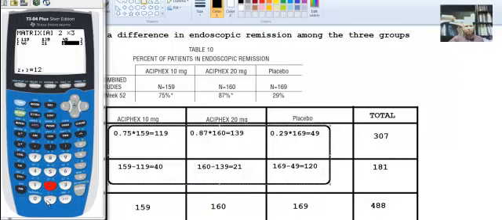Yeah, 120, you said it, sorry, I didn't hear it. So these are my observed counts. Now we are going to use the calculator to get the expected counts, in this situation, if there was no difference among them. So the expected count, it will calculate for you.